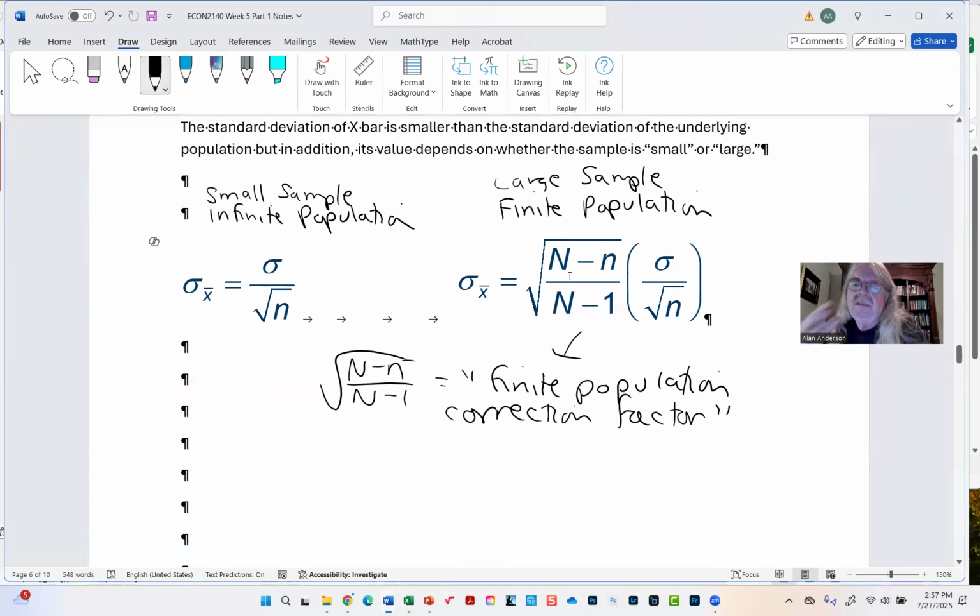Now, by the way, how do you decide which is small and which is large?